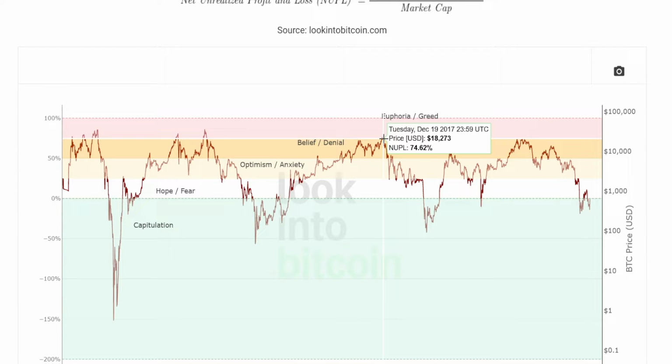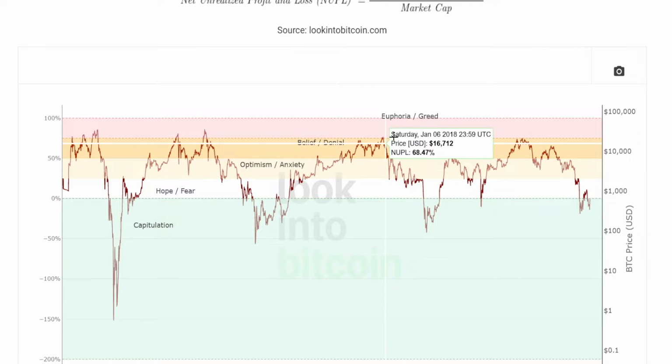Now, if you look at the other way and you say 74%, then you're saying that there is an unrealized gain of 74% currently in the total Bitcoin market. Okay, so knowing what number this is can give you an idea of where the market is heading.